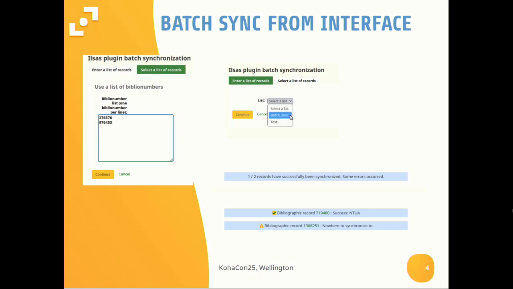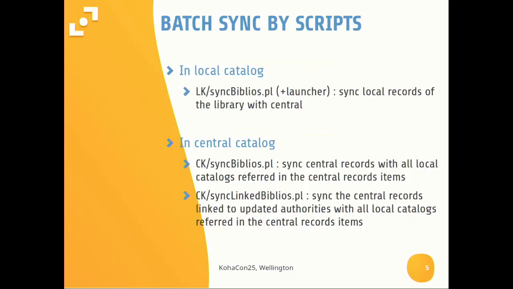This process is managed by the background jobs, so the result of the synchronization is displayed on the screen, whether it's successful or if we have some errors. With the batch synchronization from the interface, we can synchronize up to 100 records only. If we have more records to synchronize, there are scripts that should be used on the command line.